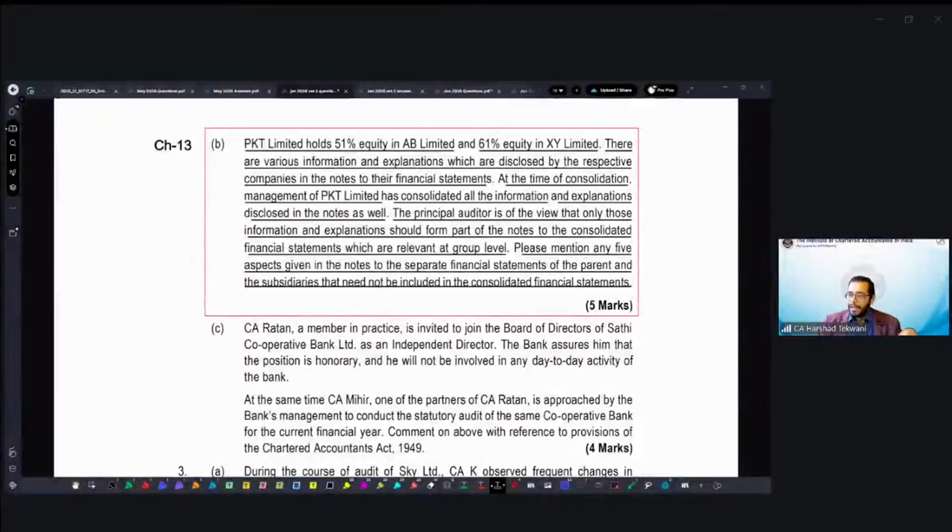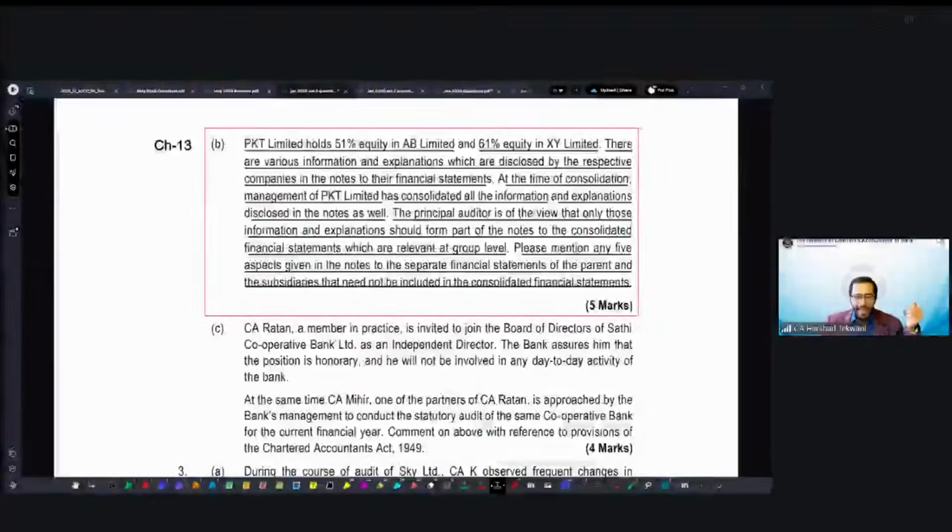Accordingly, we need to understand what we are required to disclose in the separate financial statement, and what we are not required to, based on the given scenario and the given circular, by inferring that this is the information not required to be disclosed. The answer to this question is also in your study material, so we will see it from the study material itself.